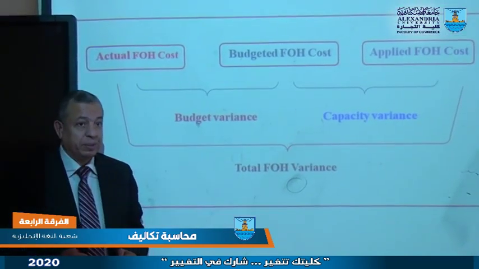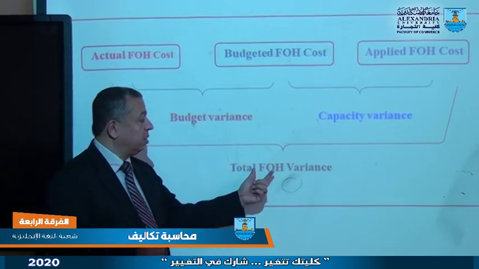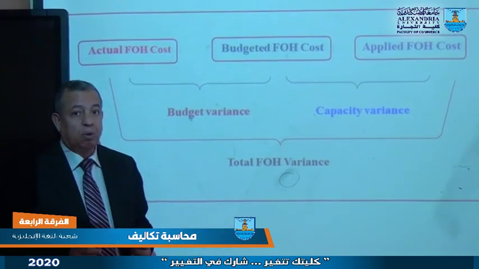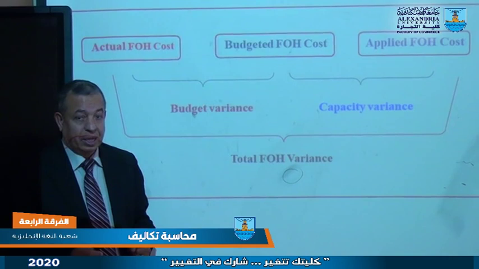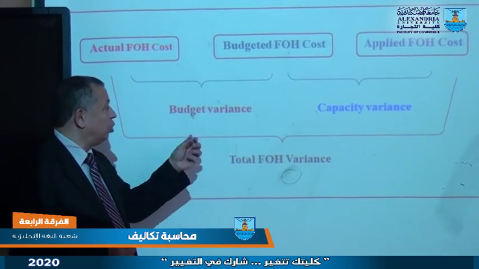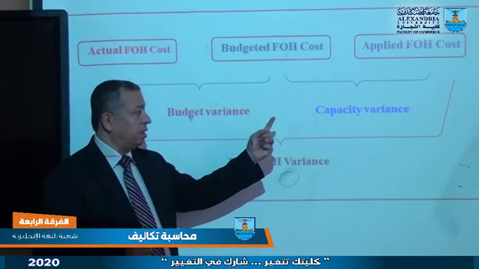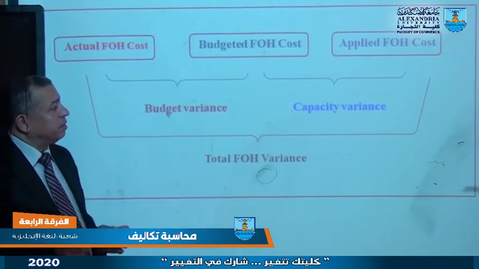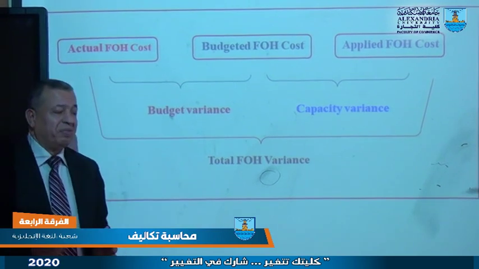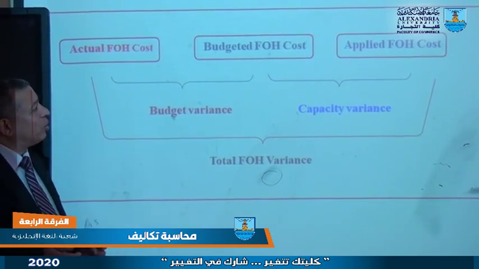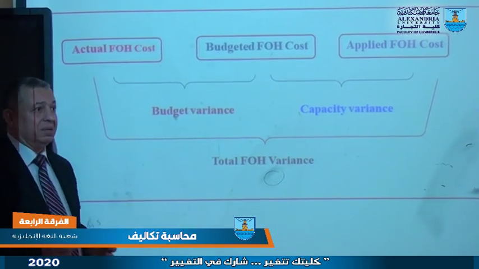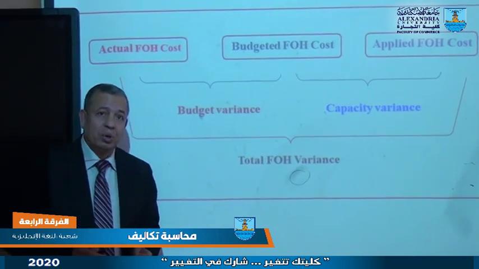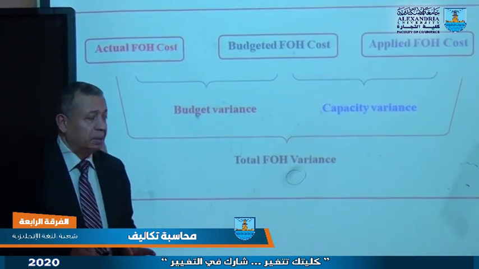You have to remember that the total variance must equal its components, I mean, the total of budget and capacity variances. Okay? From a point of view, it's very simple to analyze fixed because most of your amounts are given. Not like variable, you have to know how to calculate everything. Okay?